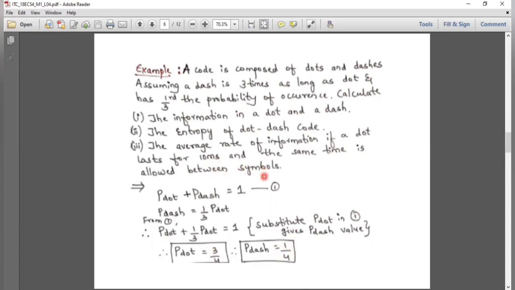And it is given that a dot duration is 10 milliseconds, whereas a dash is 3 times as long as dot. So if dot duration is 10 milliseconds, then dash duration will be 30 milliseconds. And a time gap of 10 milliseconds is allowed between a dot and a dash.